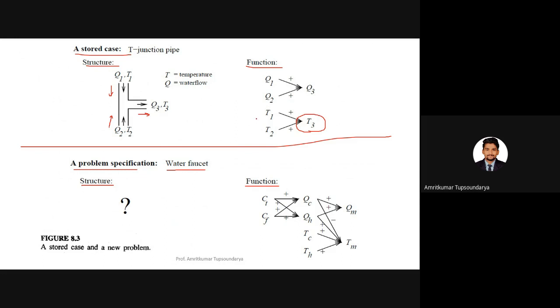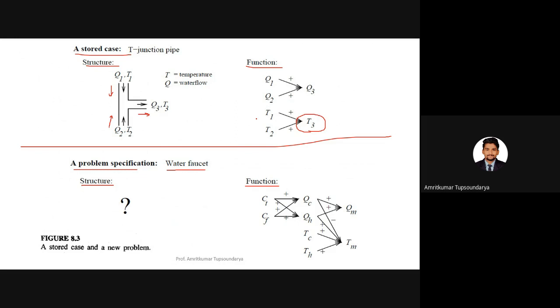So you can assume your own example. If T1 is hot and T2 is also hot, that means T1 is high and T2 is also high, then T3 will definitely be higher, right? The temperature is going to be high.